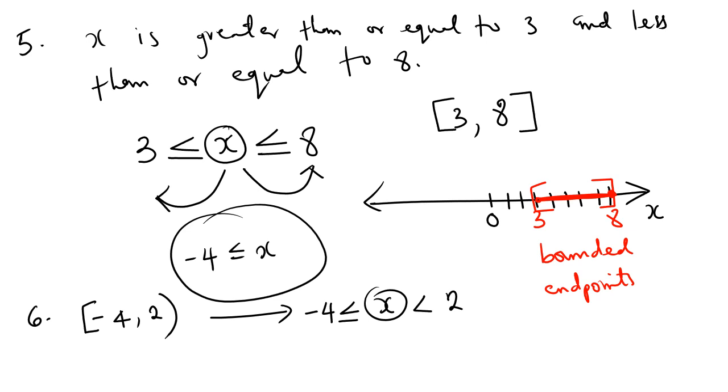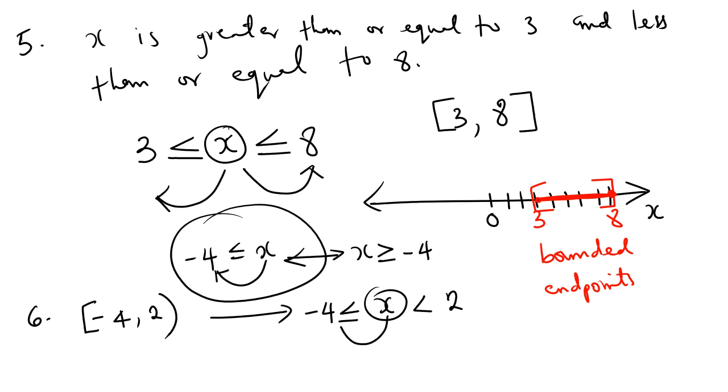The way to read it to make sense is not from the number to the variable. So you have to read it backwards like this. This expression simply means x is greater than or equal to -4. So these two expressions are equivalent. So always try to read from the variable to the number. That's why this is the representation we have here.